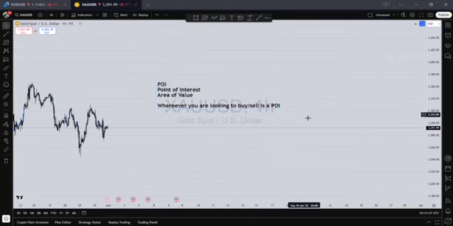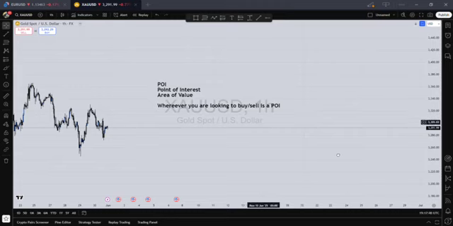It's not only restricted to order block. Like me, the major POI that I use is order block and fair value gap. That is what I trade with.